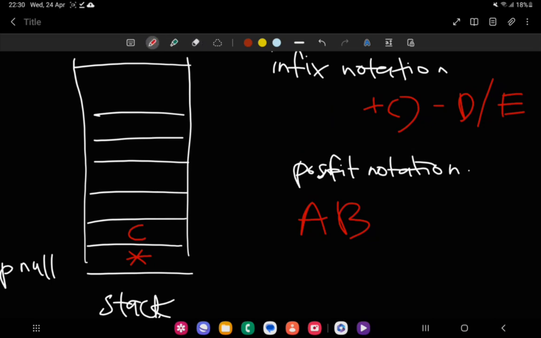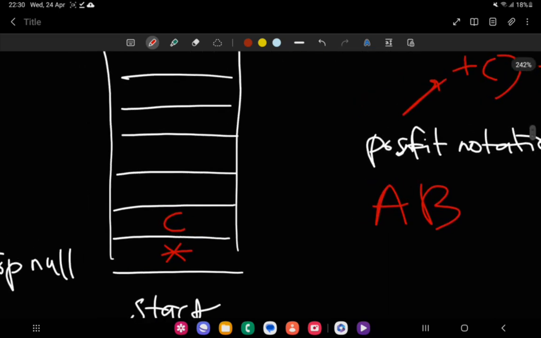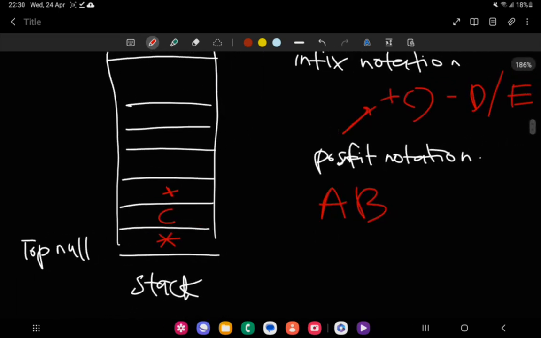The next is stage 6. Stage 6, we have the next token is plus, which is an operator. So we put the operator on top of this. So we write plus. Okay.